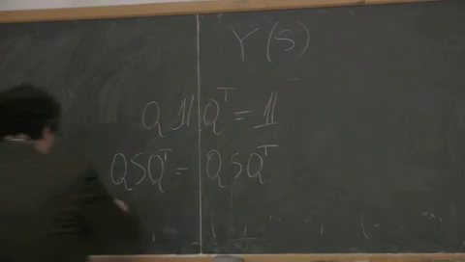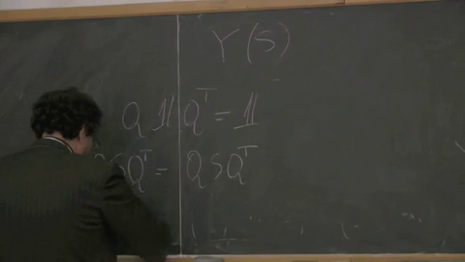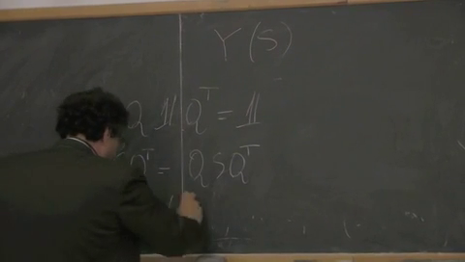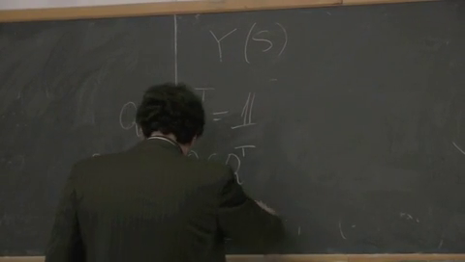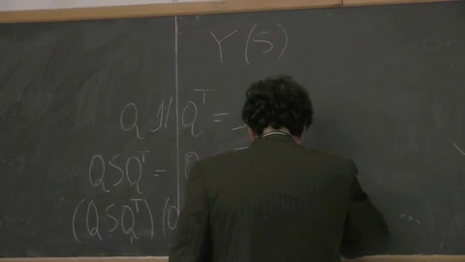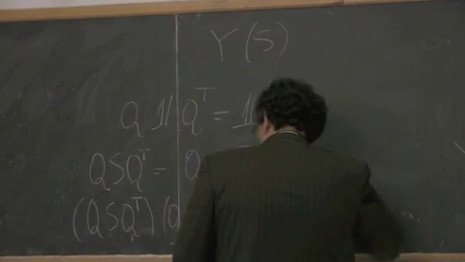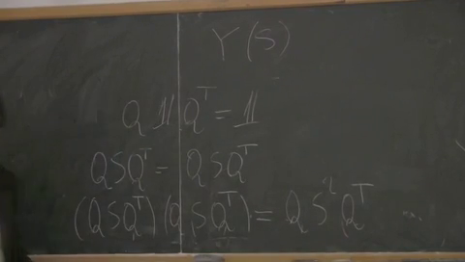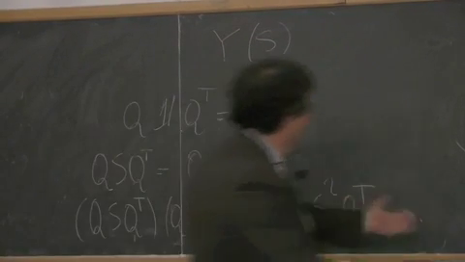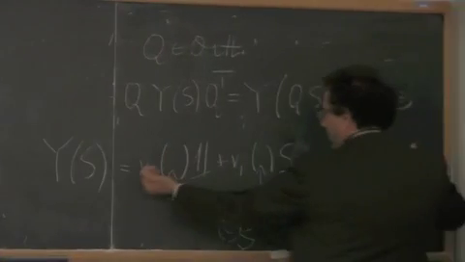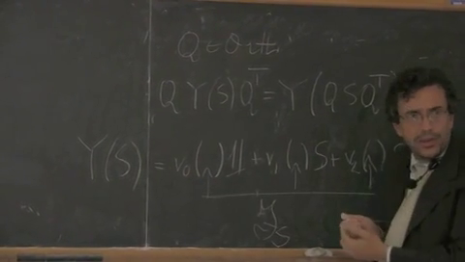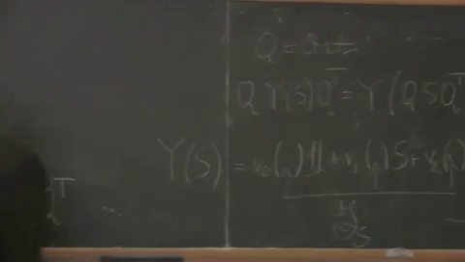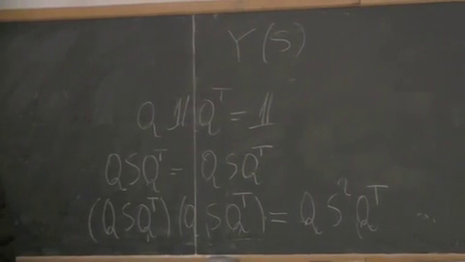And then Q S squared Q transposed is equal to (Q S Q transposed) squared, which is also trivial. So if you apply Q and Q transposed on the left side, linearity allows you to distribute, and using these 3 equalities, isotropy is trivial.